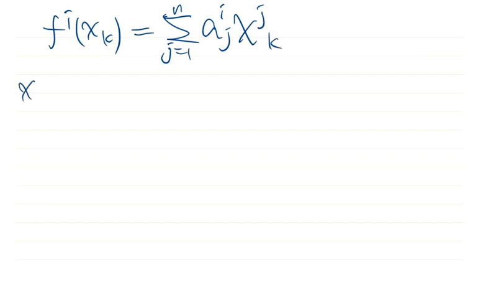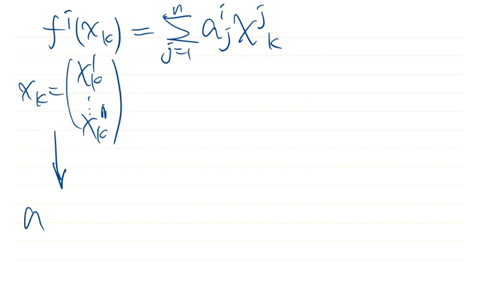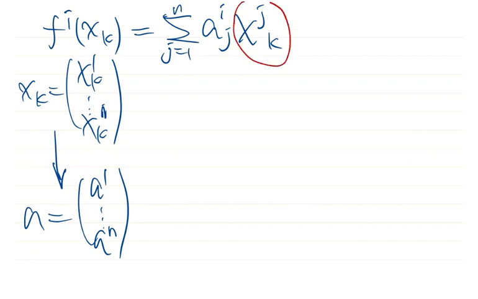Here, note that xk is (xk1, ..., xkn). Because xk converges to A, which is (a1, ..., an), every xjk converges to aj.